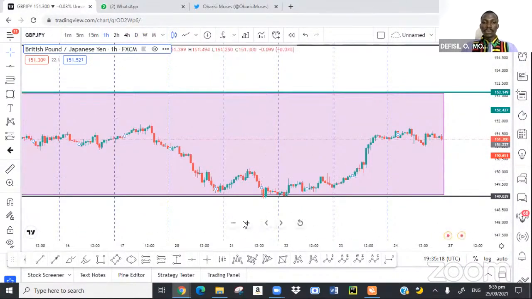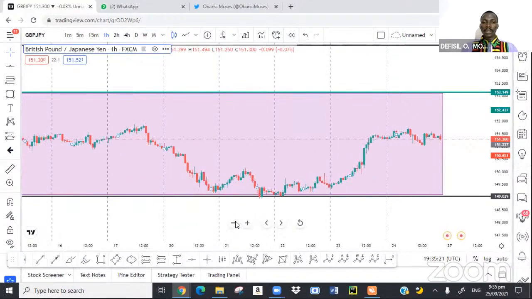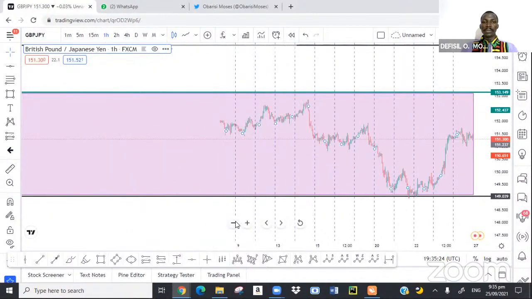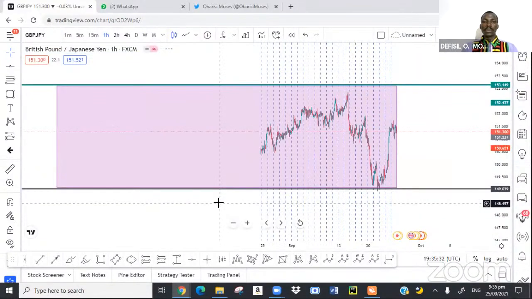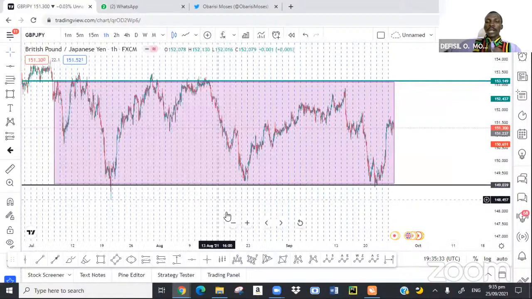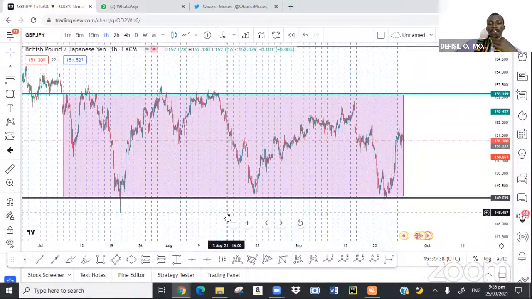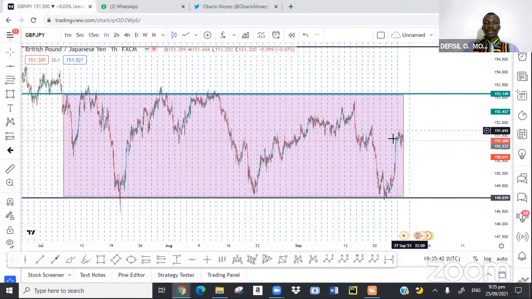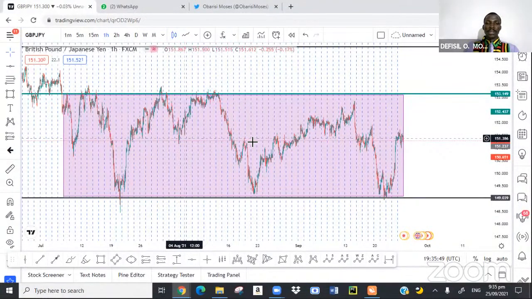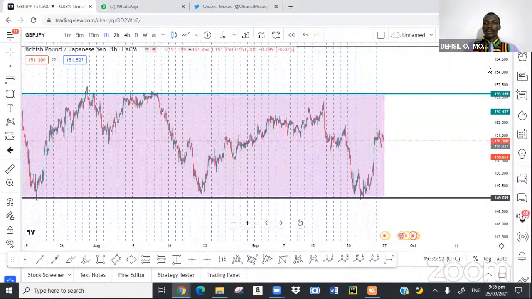let me zoom out. Okay, the 1 hour is in a strong uptrend with some level of strong pullback over here, meeting some midway barrier, which is this, and this.